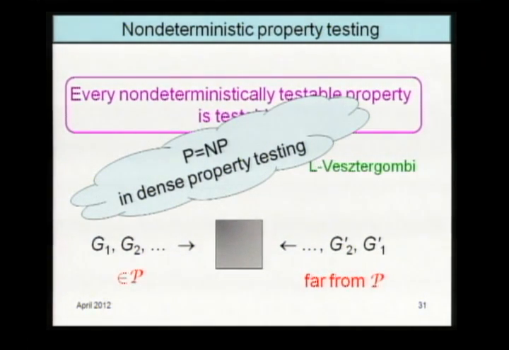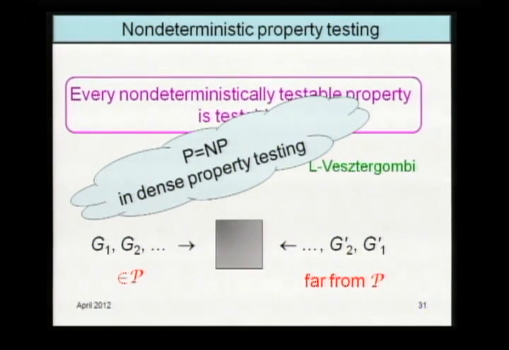You have to change many edges to restore this property. Nevertheless, the Gn here is close to Gn prime. Now I told you every sequence has a convergent subsequence. We can go to this subsequence, this converges, that converges, and from the fact that these two are close, it implies that they converge to the same.